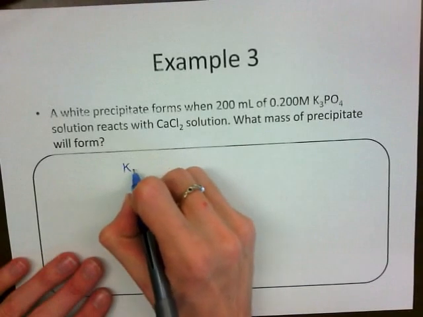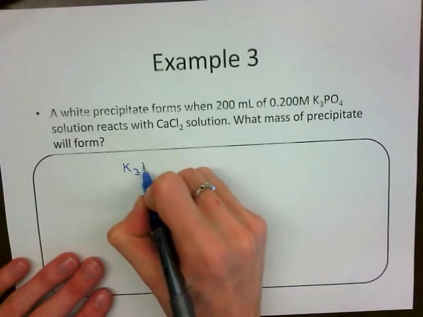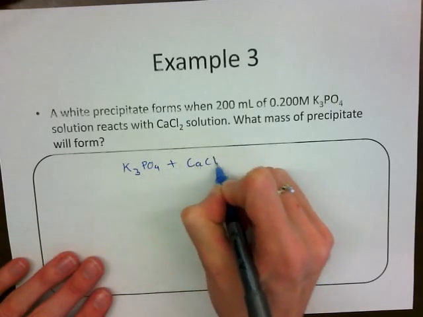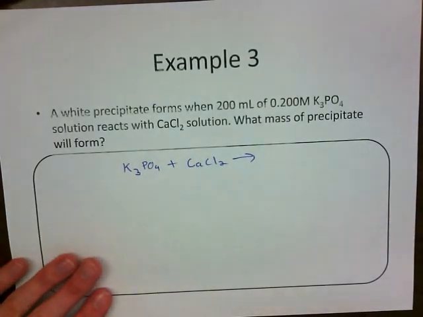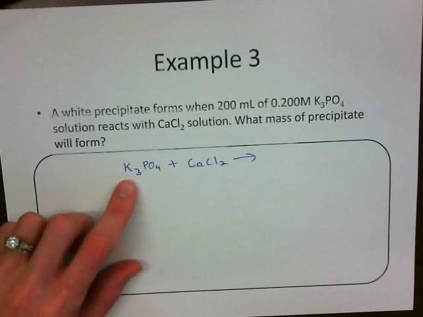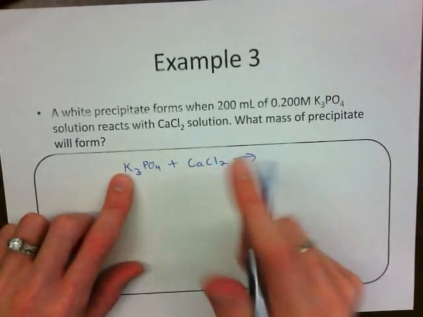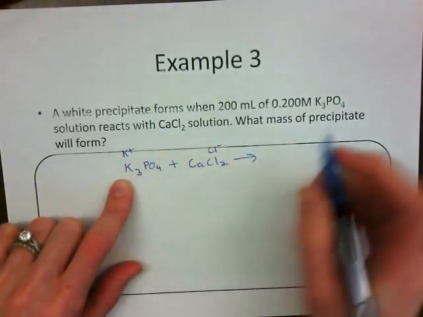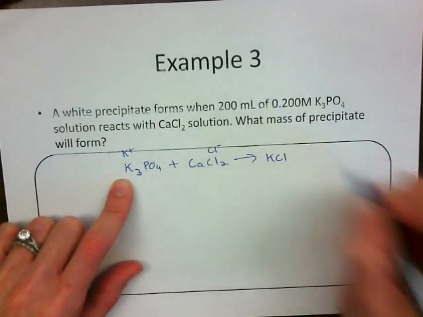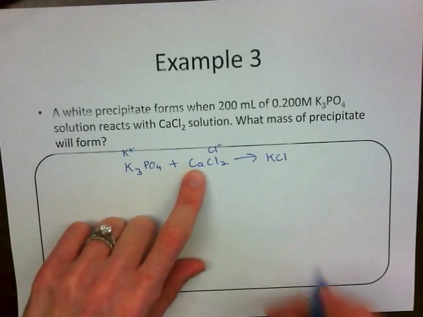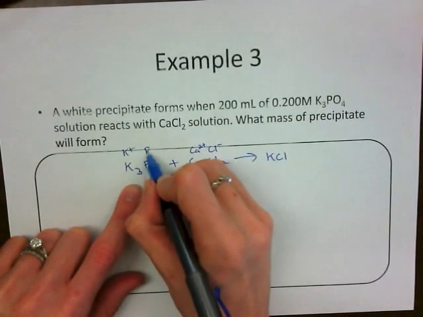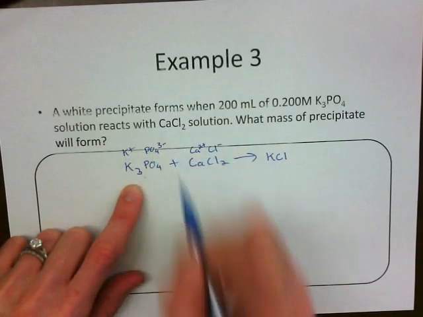So I have potassium phosphate, calcium chloride, reacting to form potassium chloride, that's K plus and Cl minus 1:1, and calcium, which is 2 plus, and phosphate, which is 3 minus.